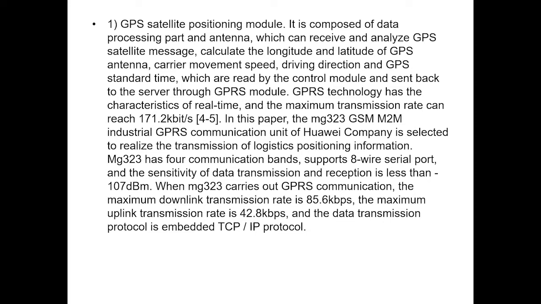When MG323 carries out GPRS communication, the maximum downlink transmission rate is 85.6 kbps. The maximum uplink transmission rate is 42.8 kbps, and the data transmission protocol is embedded TCP/IP protocol.